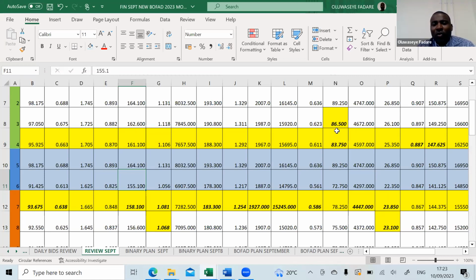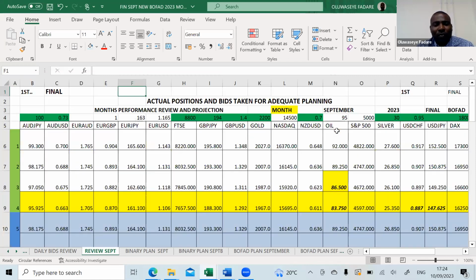All we just need to do is monitor daily as well, but let's note that once it activates the first position, the first side from a buyer or a seller side, then we just follow that trend and get a plan B in place in case the market reverts to the opposite side. So that is how our Bofad monthly concept works.